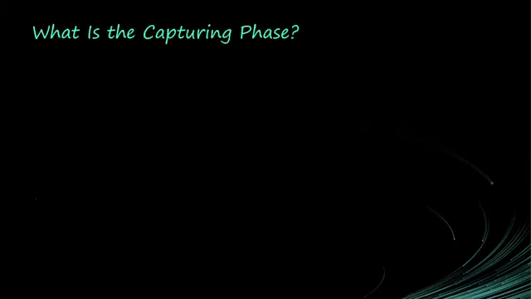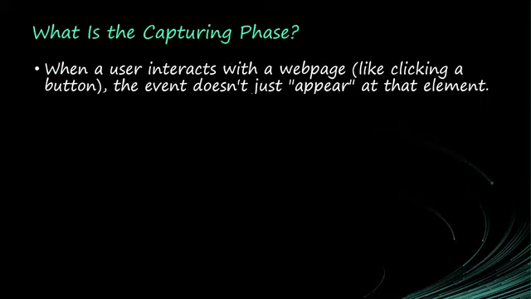What is the capturing phase? When a user interacts with a web page, like clicking a button, the event doesn't just appear at that element. Just like the structure we saw here, we have a button inside a div.